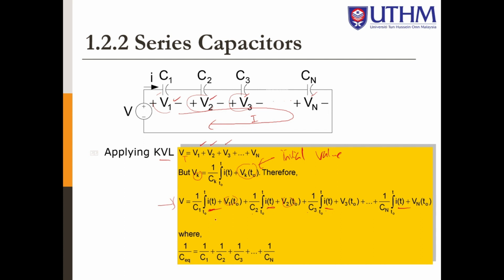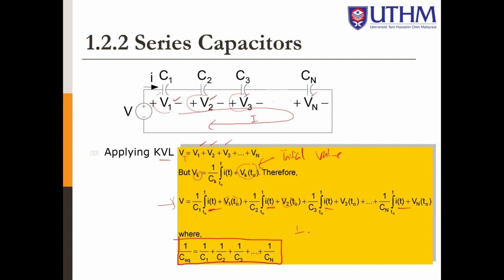When you rewrite this combination, 1 over C equivalent equals 1 over C1 plus 1 over C2 plus 1 over C3 and so on.